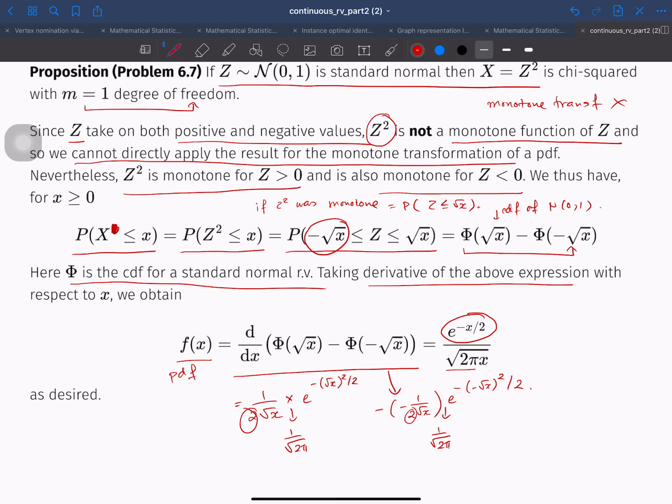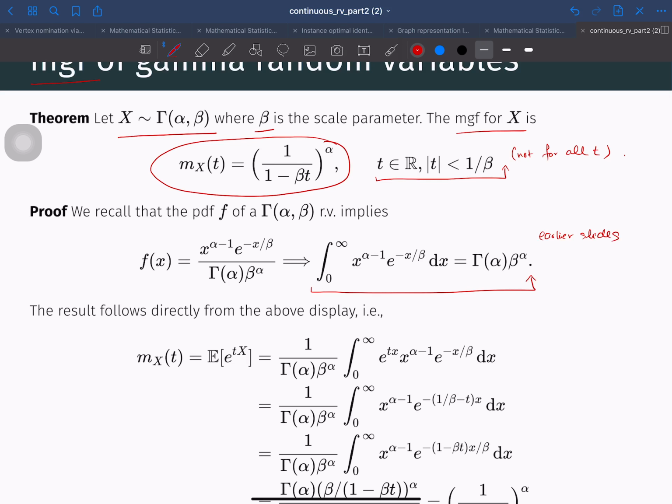And the proof of this is as follows. So we recall that this is something we talked about in earlier slides, that due to this form for the PDF, that integration has to be gamma(alpha) beta to the power alpha.